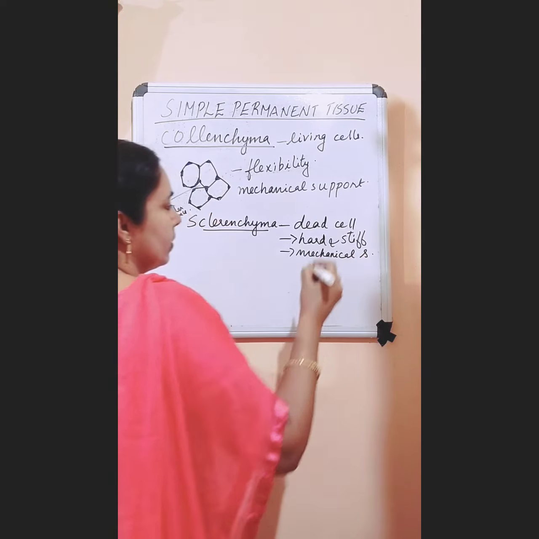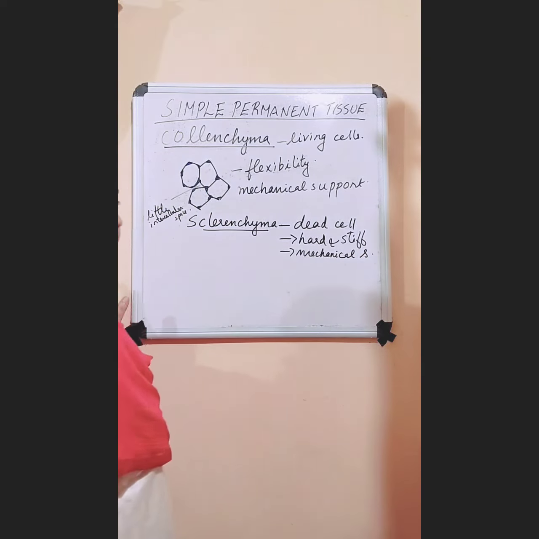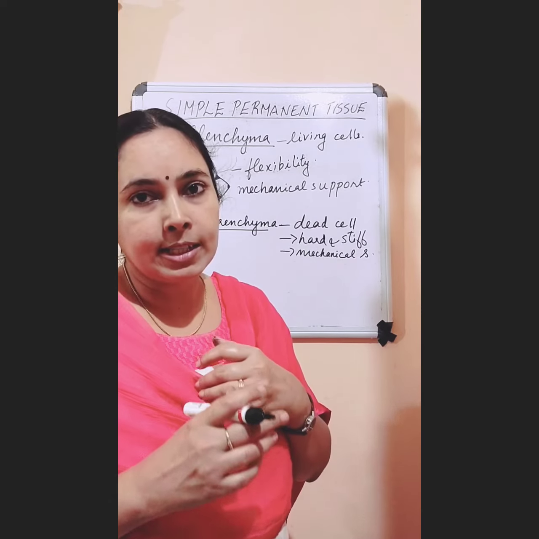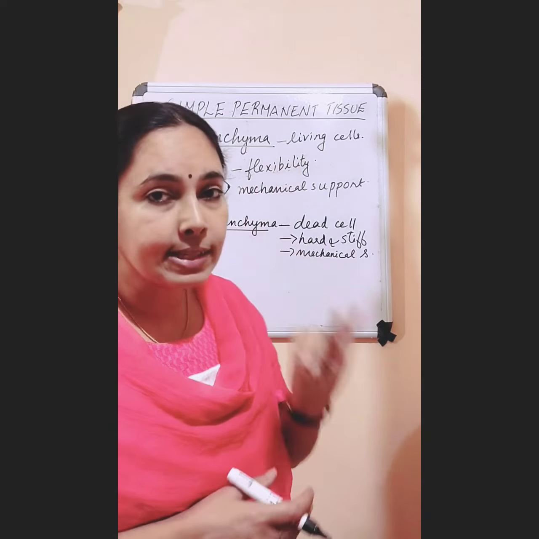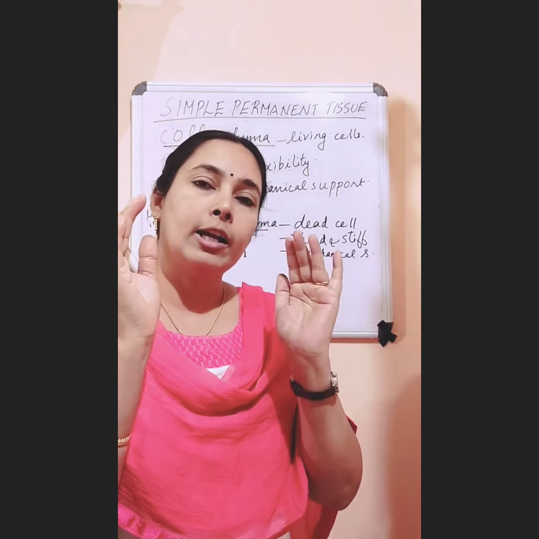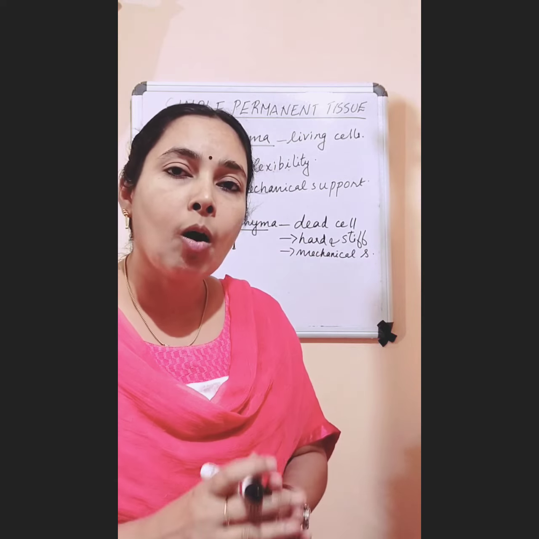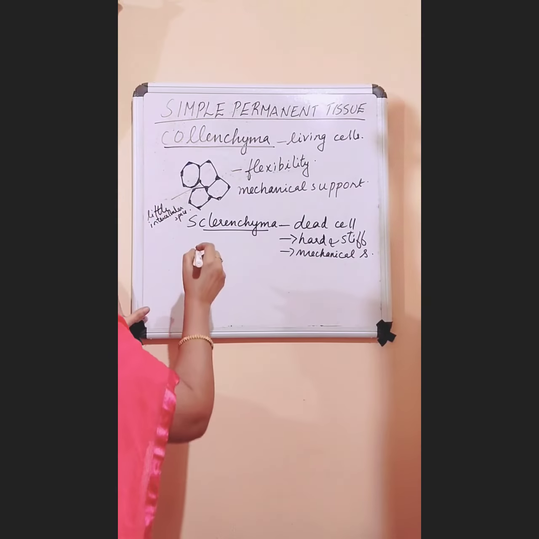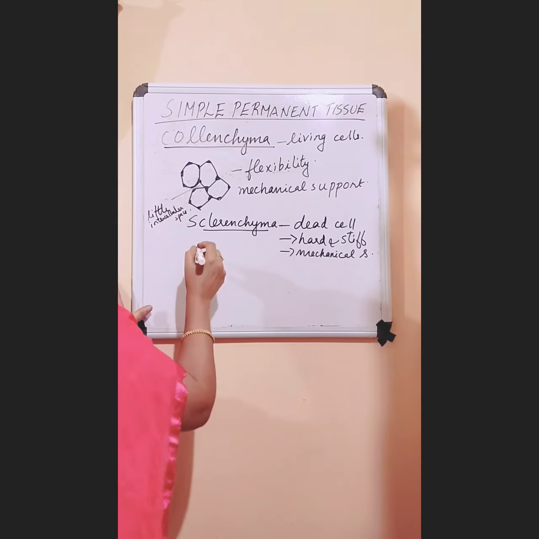Then when we look at the cells, in parenchyma there was large intercellular space, in collenchyma less intercellular space, and here sclerenchyma cells are closely arranged without intercellular space.